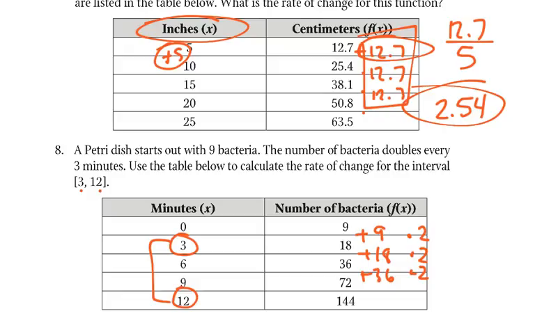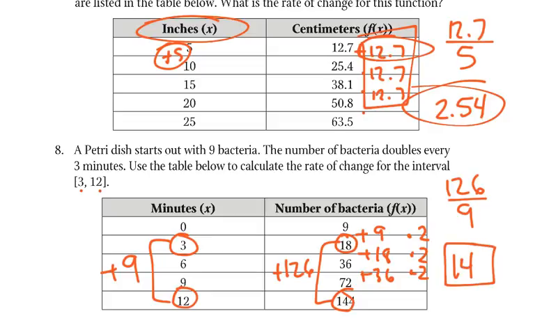So 3 to 12 grows by adding 9. 18 to 144 grows by adding 126. So 126 divided by 9 gives us an average rate of change of 14. So basically every minute we get 14 more bacteria within this interval.